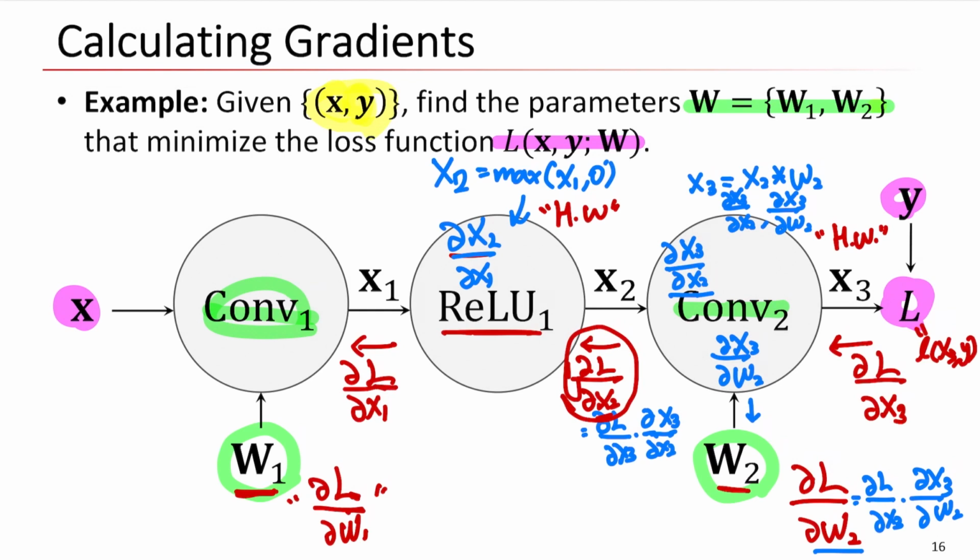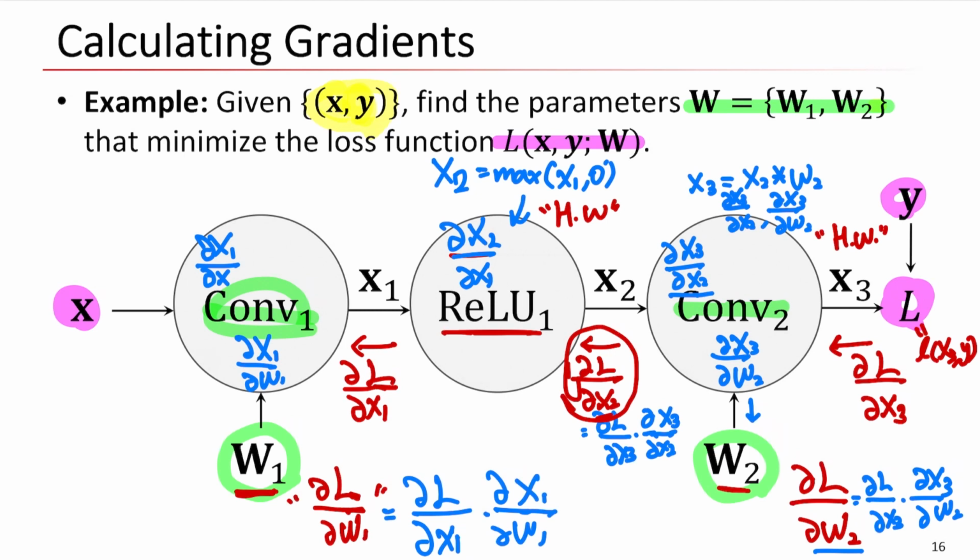So there's one more convolutional layer here. Then we can also compute the gradients with respect to x1 and w1, right? So finally, by using this, we can update w using stochastic gradient descent.